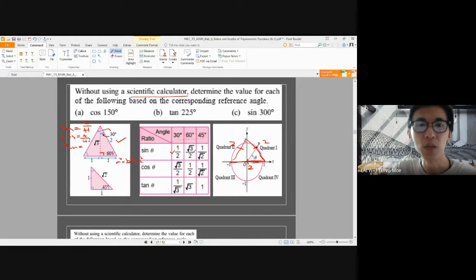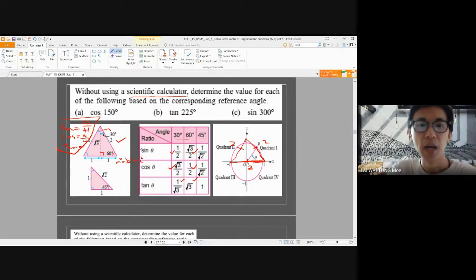So all these values you can get from this triangle, using these formulas which you've already learned in Form 2 or Form 3.